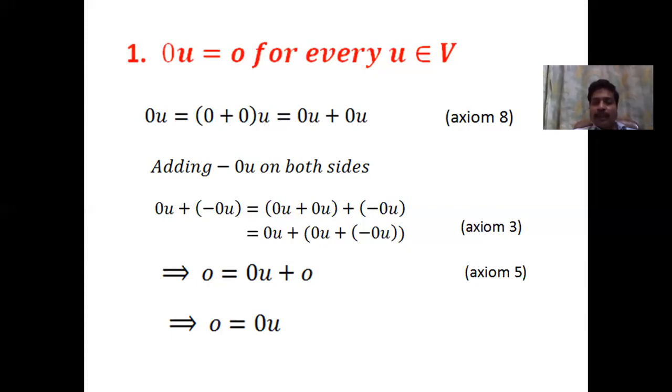Here we are taking real 0, but in other examples it may be different. So the 0 element is the identity of the first binary operation in the field. Here we call it 0. So this is the first property.